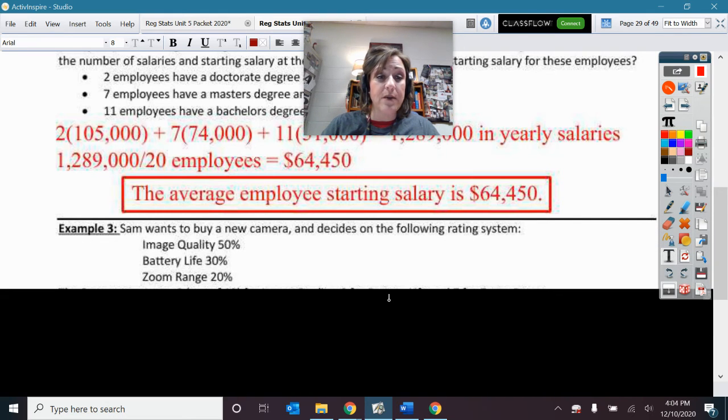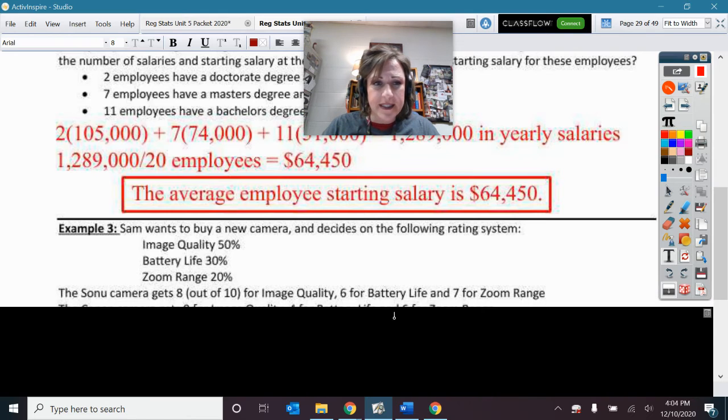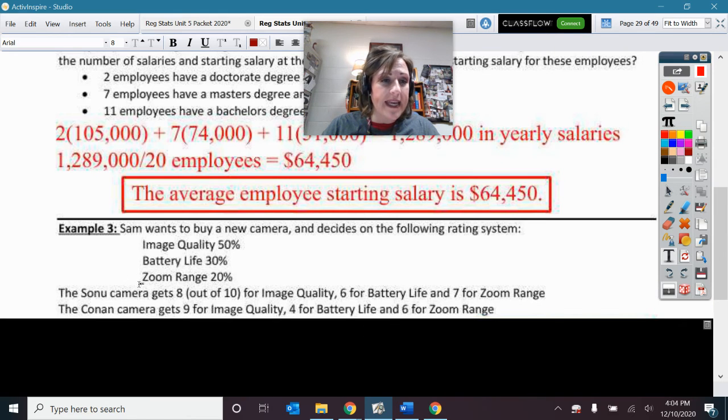All right, so next we have 2 different types of cameras. Sonu, I think, is one instead of Sony. Sonu and Conan. So you have got different weighted categories that are contributing to your score of these different kinds of cameras.